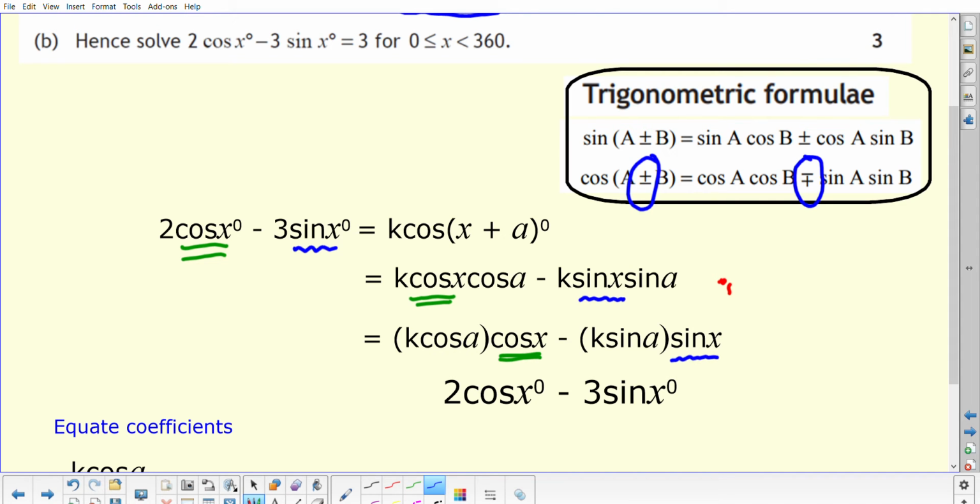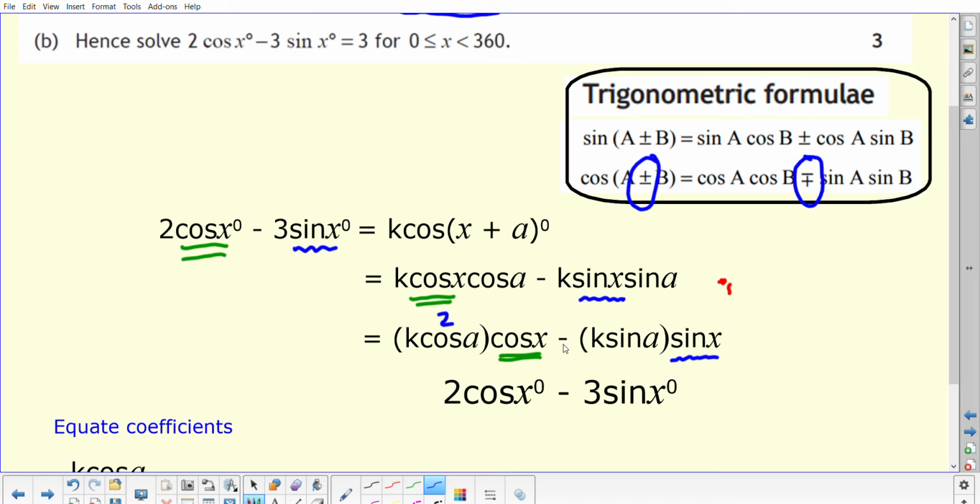So having got the multipliers or coefficients of each of those terms, you're then comparing left side, right hand side. So basically what you're looking for is what do you need to replace k cos a with and k sin a with so that they match this expression. So you've got 2 cos x, so that would tell you that you would need to have a 2 in there.